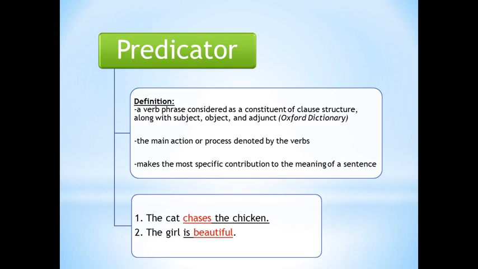What is the predicate? The predicate is beautiful. But if we are asking about the predicator, it is beautiful, because beautiful gives the most specific contribution to the meaning of the sentence.